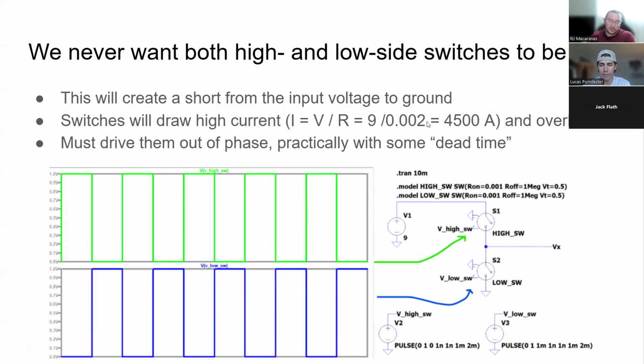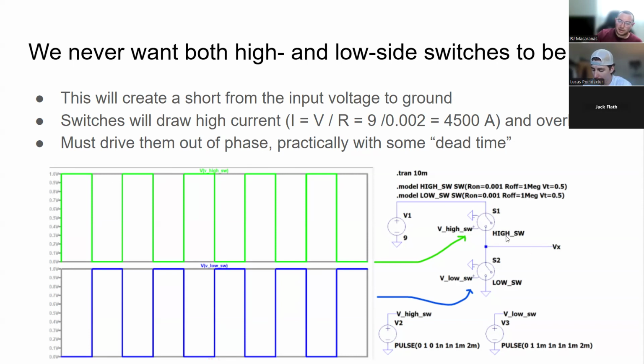And if I just assume that these switches have an on resistance of 1 milliohm, which is somewhat realistic, a lot of power MOSFETs, for example, have on resistances of about 30, 40 milliohms. So 1 milliohm is somewhat realistic, but not exactly.